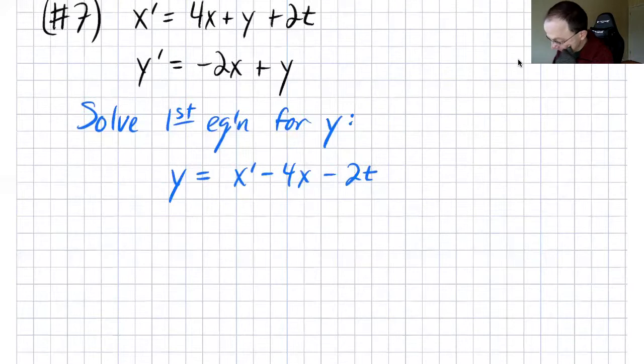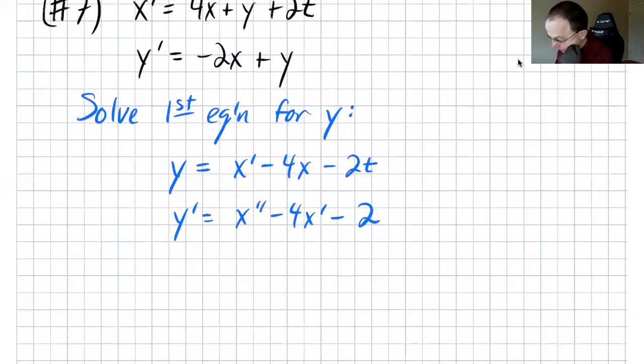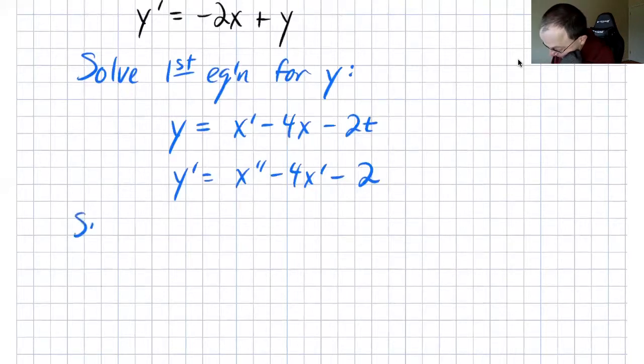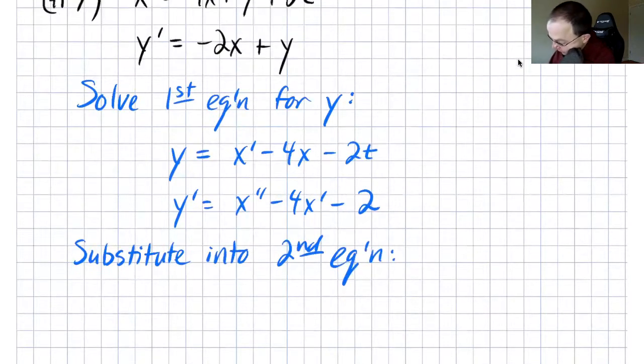Yes. And then we take the derivative of it. The derivative of 2t is 2. And then we substitute into the second equation. The second equation is this one.